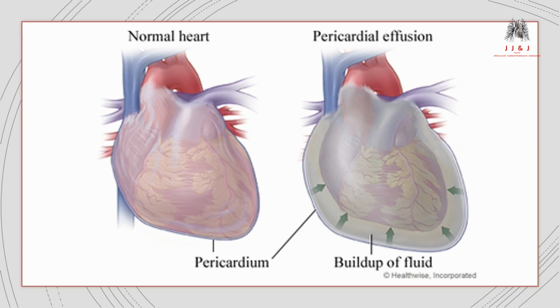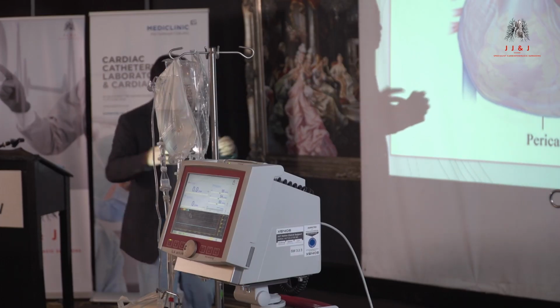It could be serous, transudate, exudate, blood, pus, or anything. Now I want to give you a little basic mechanical background about cardiac tamponade, because today we're talking about ECMO. But you have to understand the disease process before you apply your mind to ECMO, okay?